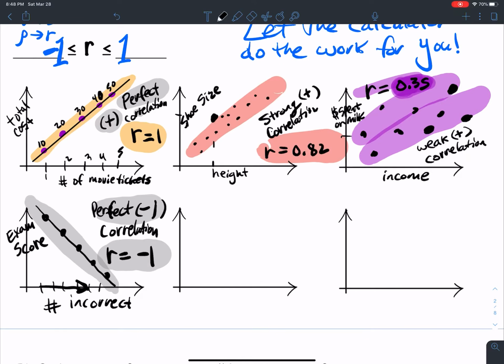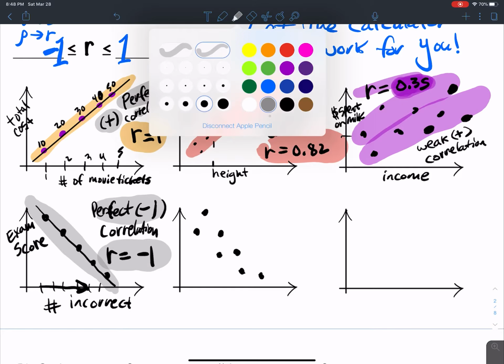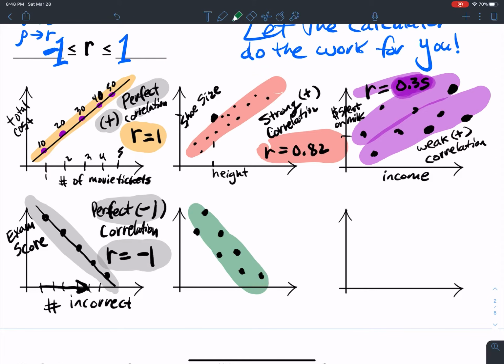So that'd be a perfect one if they were like 5 points apiece or whatever. Something that's not perfect, but it still looks like a pretty strong correlation in the downward trend. Okay, this would be a strong negative correlation.